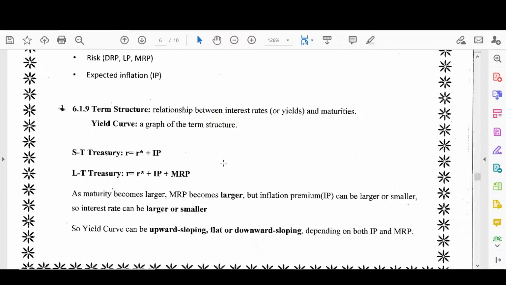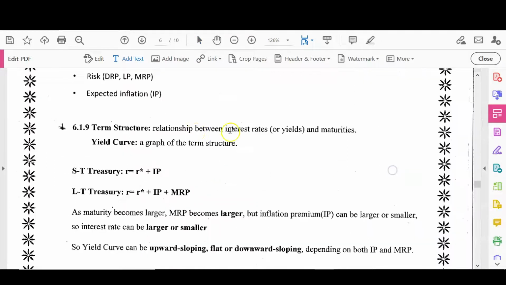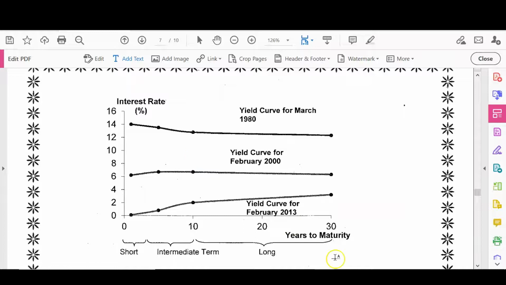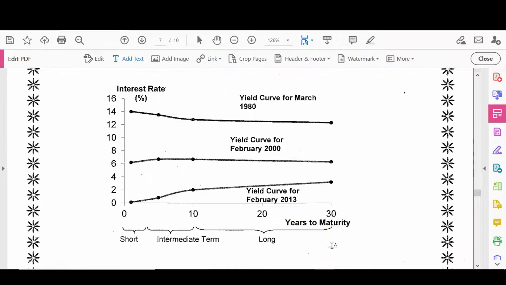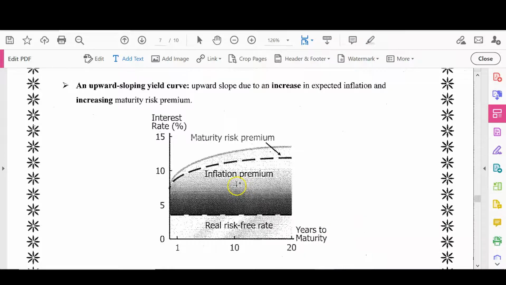For term structure and yield curve, we talked about how term structure is just the relationship between interest rates, R, and years to maturity, T. Typically when T goes up, IP and MRP go up, so the interest rate R goes up.